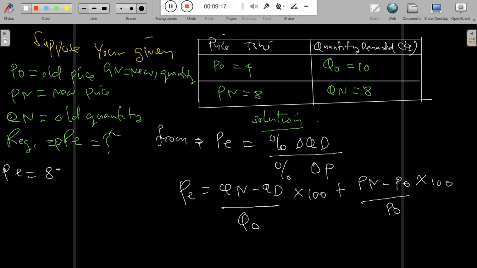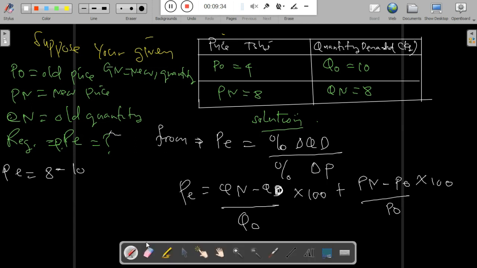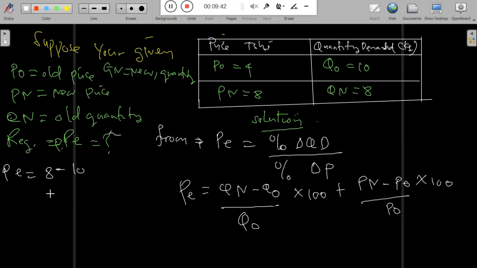So when we solve the equation by using the percentage method, the figure will be equal to 8 minus 10, divided by Qo, the base year, that is 10, times 100. Then we divide by 8 minus 4, divided by 4, then times 100.